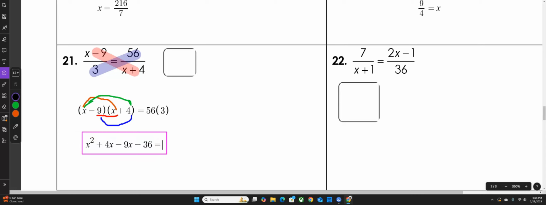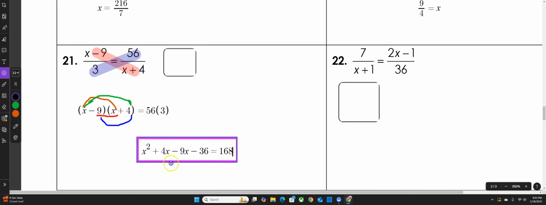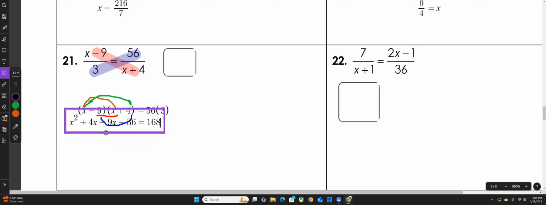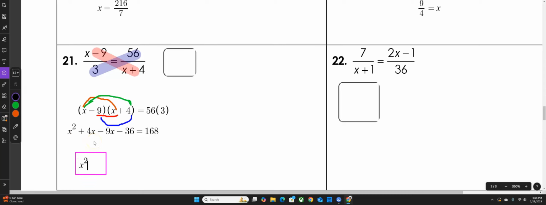And then that's going to be equal to 168. Okay, so then what we're going to do is simplify the left-hand side by combining like terms. So we get x squared minus 5x minus 36 is equal to 168.